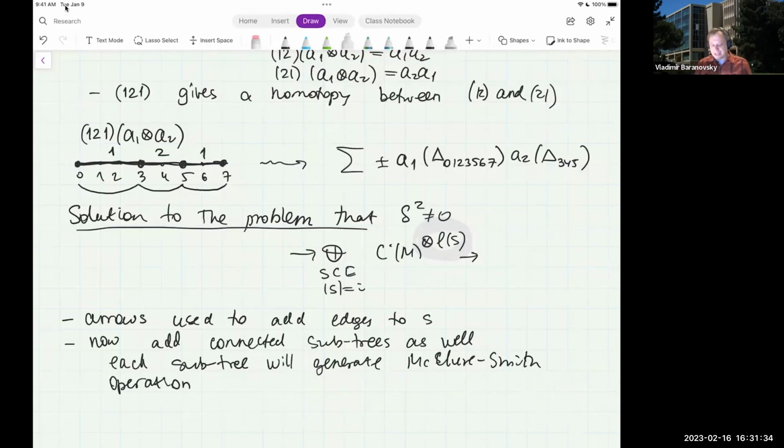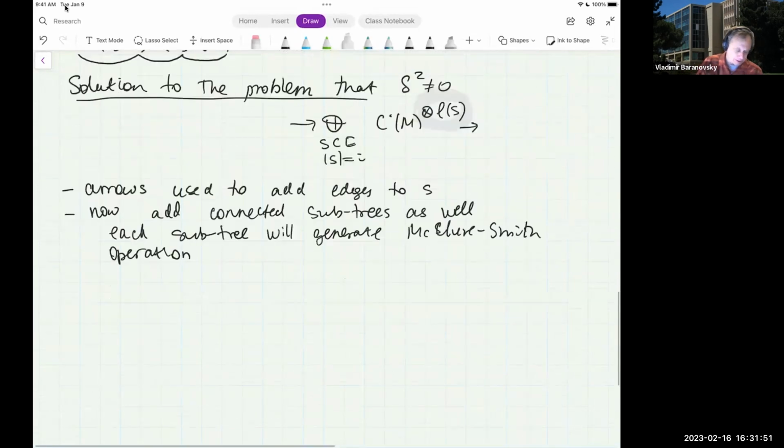Here we're not adding a single edge, we're adding a certain connected subtree, and then maybe instead of 3 or 4 different tensor factors, we'll feed them into one operation, and then we will take one output.